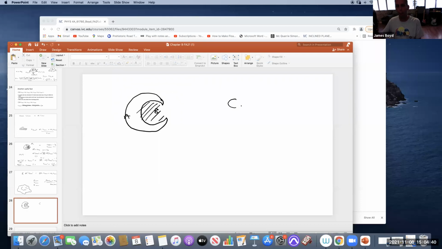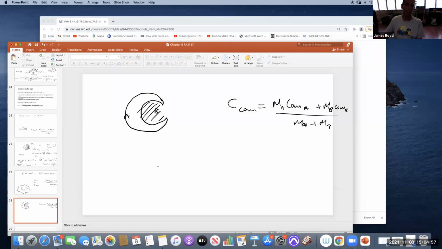So the center of mass of C is equal to MA times the center of mass of A plus MB times the center of mass of B, over MA plus MB.